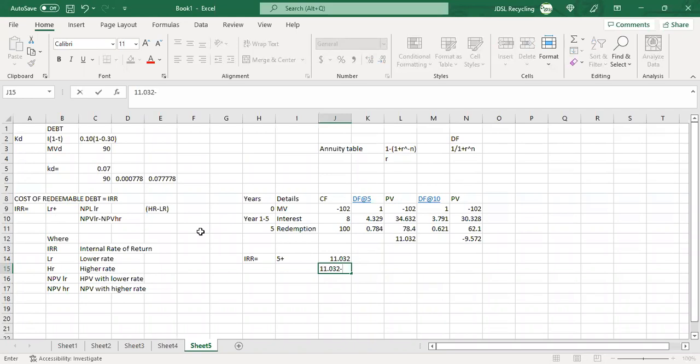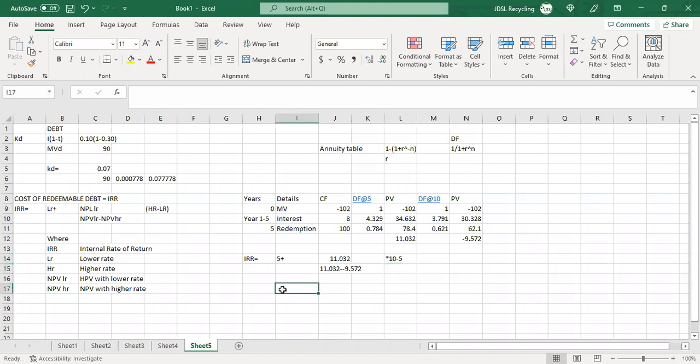NPV higher rate is minus 9.572. Are we there? Yes. Then multiplied by higher rate minus lower rate, which will now be 10 minus 5.